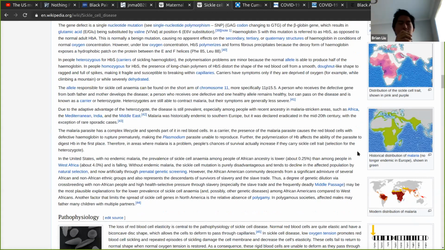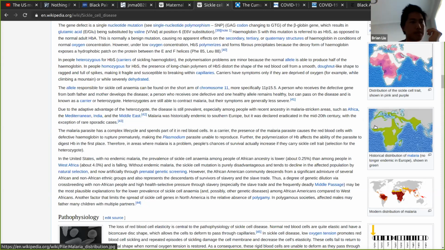If you look up correlation does not imply causation, you can find a lot of resources on that. But basically, malaria slightly balances out some of the disadvantages of sickle cell anemia.